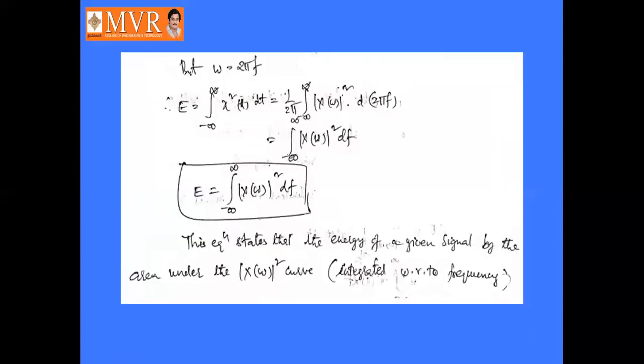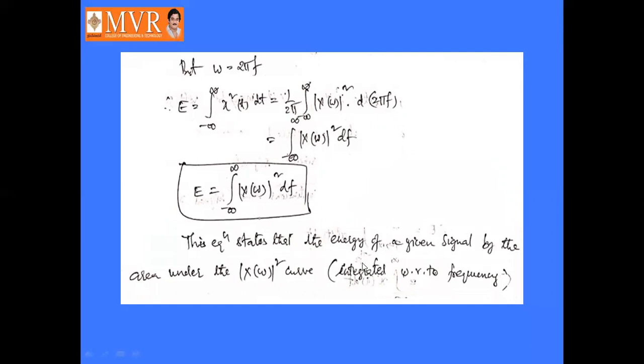Okay, but ω equal to 2πf. So replace ω by 2πf in this expression. So it will become E equal to the integral of x²(t) dt is equal to 1 by 2π integral of |X(ω)|² into d(2πf). This 2π gets cancelled. So it will become the integral from minus infinity to infinity of |X(ω)|² df, or E equal to the integral from minus infinity to infinity of |X(ω)|² df.